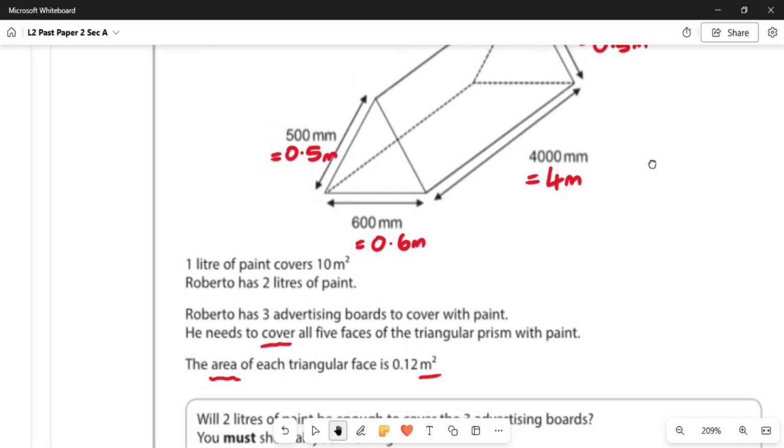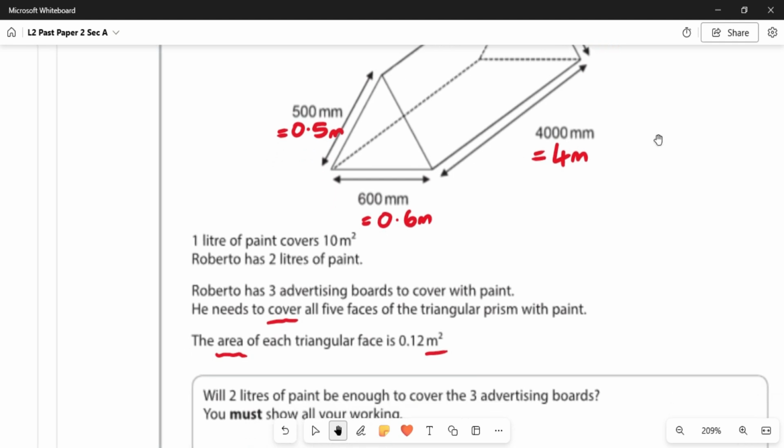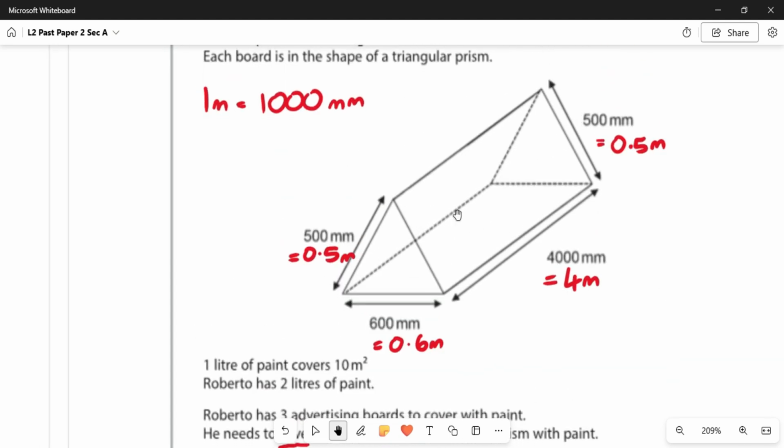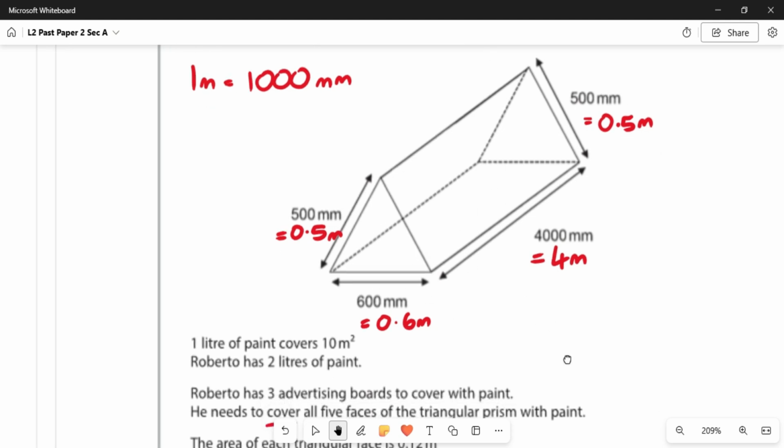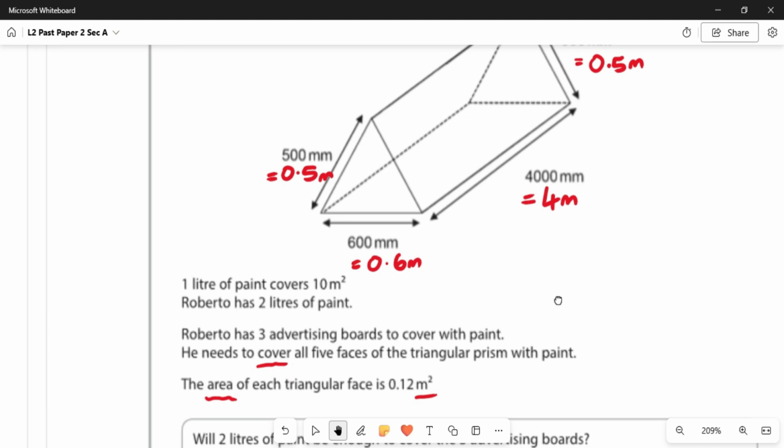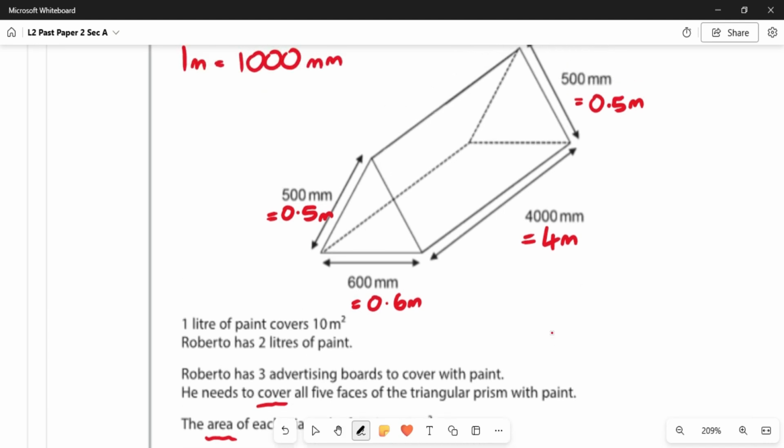Let's work out, well, actually we've already got the area of each triangular face. So we've already got this bit here, the triangular face. So the only areas we need to work out is this side here, this rectangular side, which is going to be the same as the other side, and I might need to work out the base separately, which is another rectangle. Let's call this the right hand side.